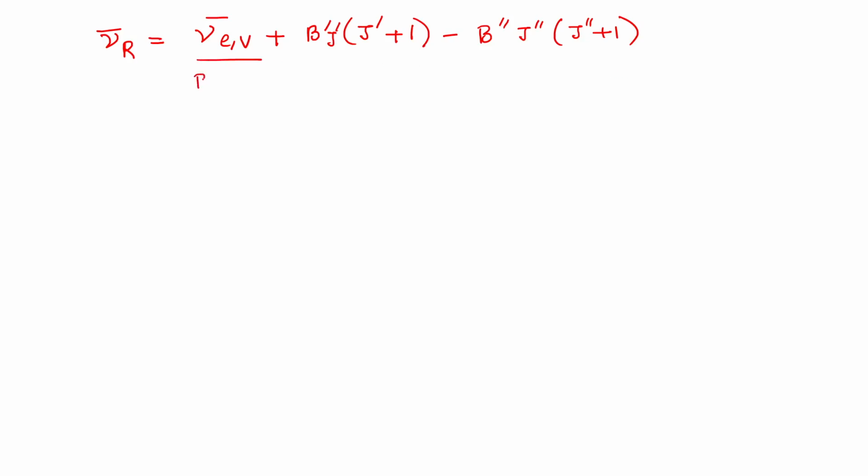This is your band origin 0 to 0. And in the x-axis, it is your energy or new bar, right? New bar minus new EV, that you can give it a try.